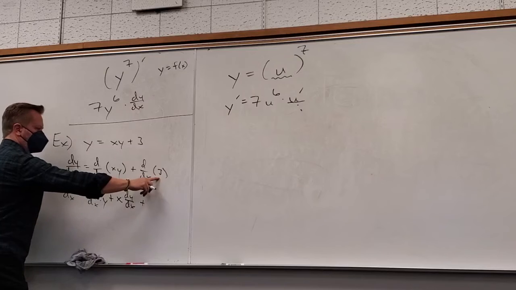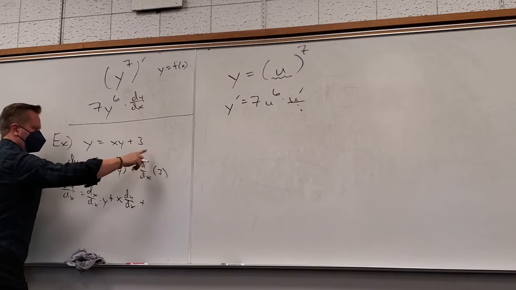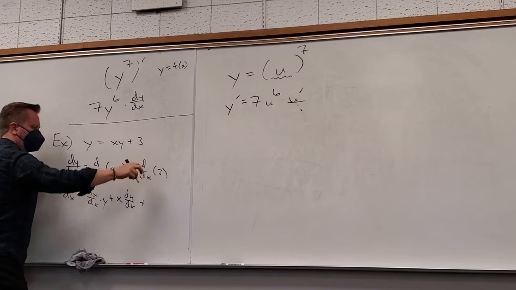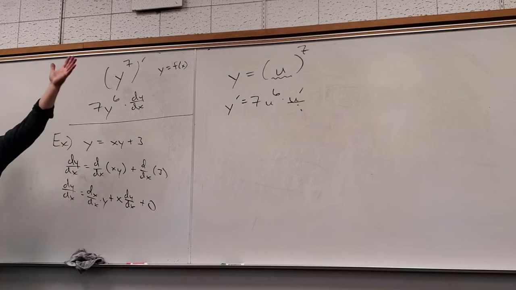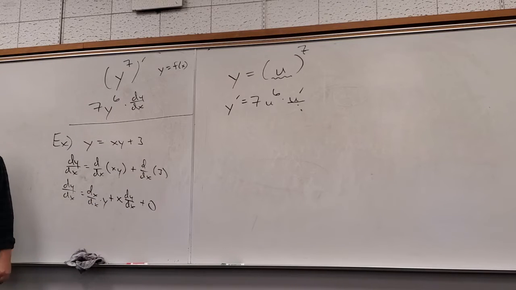And of course, what's the derivative of 3? 0. How much is 3 changing? It's always 3, so it's not changing at all. So its derivative is 0. Now look here. What is dx over dx? 1. But what is dy over dx? I don't know. So that's got to stay.